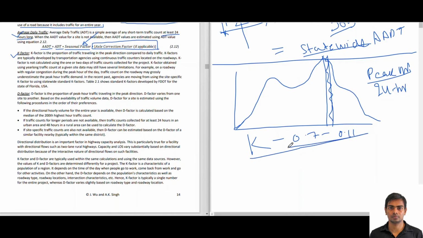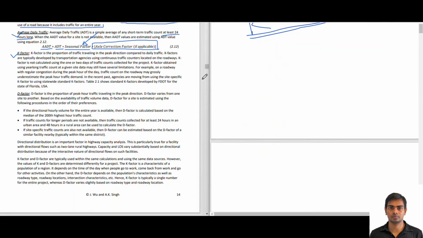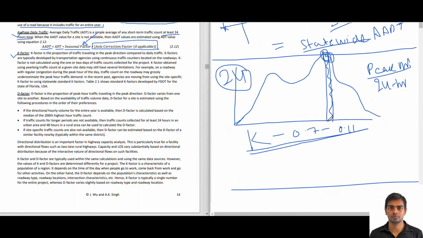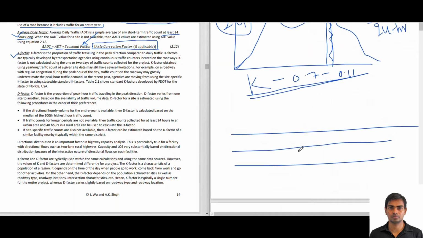Before discussing more about the K factor, let's look into the D factor. The D factor is the factor during the peak hour. So if we have 24-hour counts, first we use the K factor to move from 24 hours to the peak hour. Now within this peak hour, if this is the median and this is the direction of travel, let's say this is my peak direction and the number of vehicles in this direction is 1000, and the number of vehicles in the other direction is, let's say, 100.